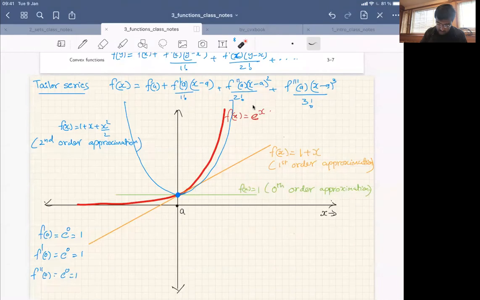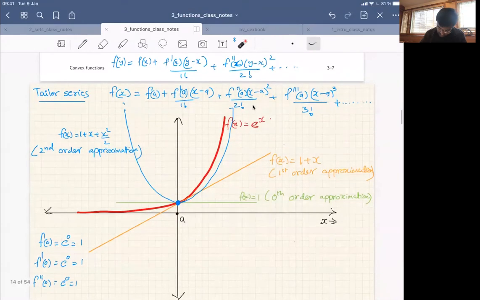So this function I can write as the value of the function at a, f of a, plus the derivative times x minus a divided by 1 factorial, plus the second derivative times x minus a squared divided by 2 factorial, and like that. This goes up to infinity. If you consider all the terms, infinitely many, then you will have an exact reconstruction of this function.